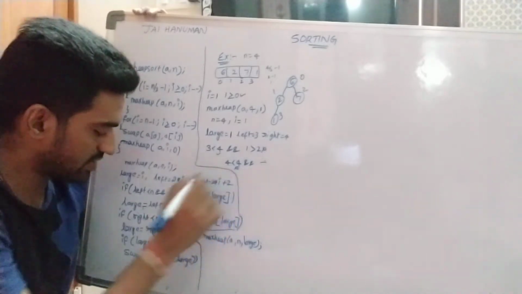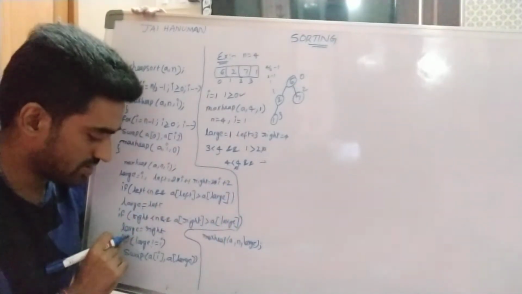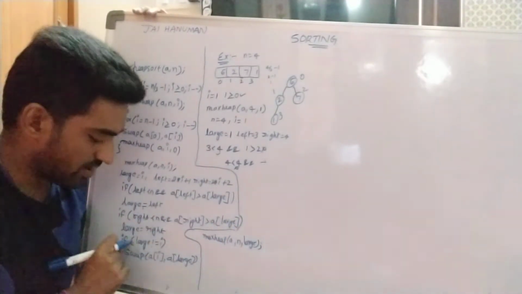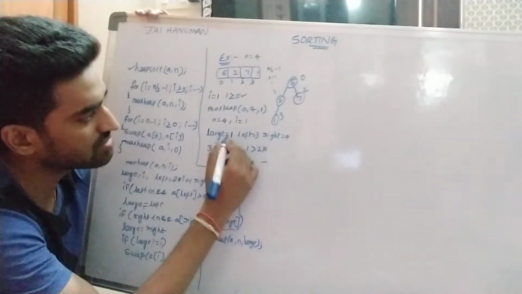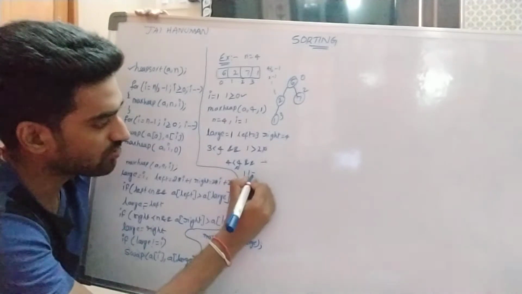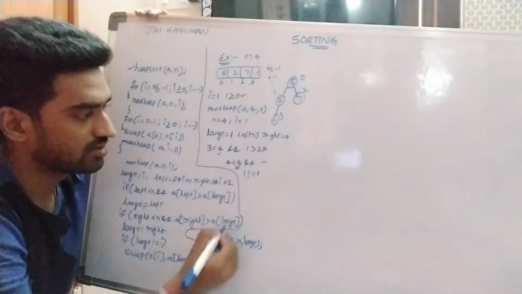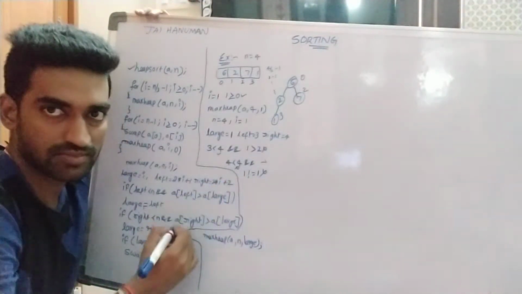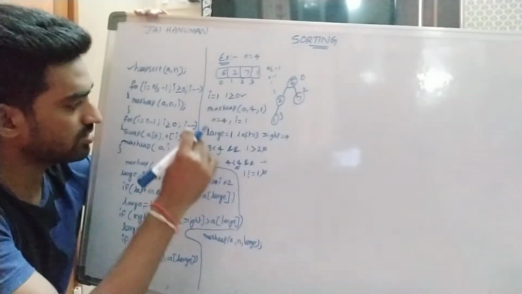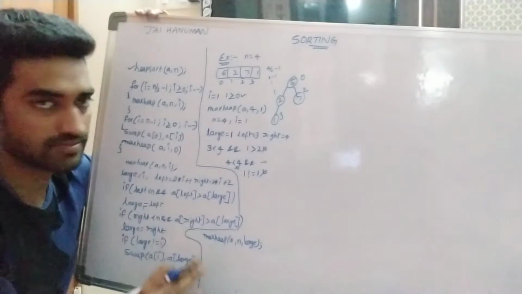So we cannot process this step. Then we check one more condition, large not equal to i. What is the large value? 1 not equal to 1. This condition also fails, because both are equal. So we cannot execute these steps.